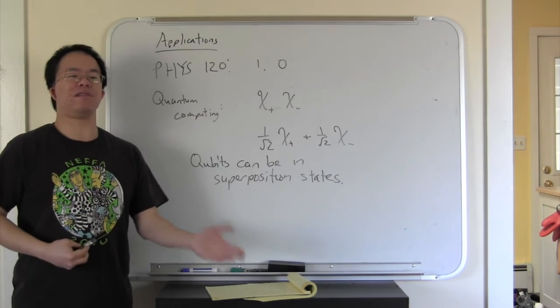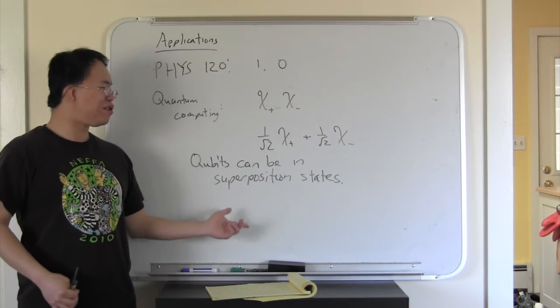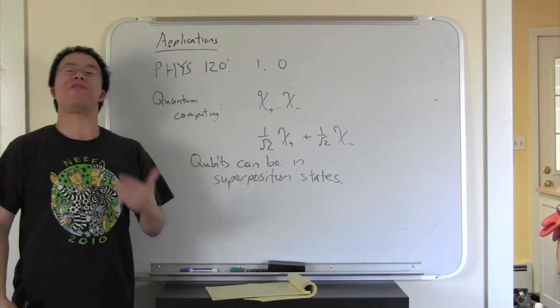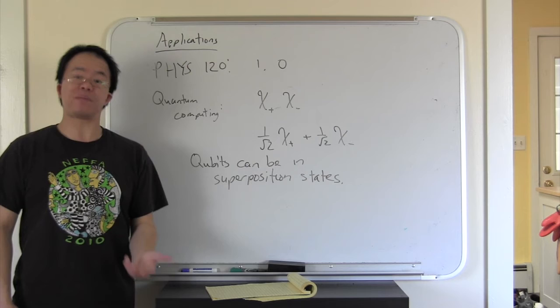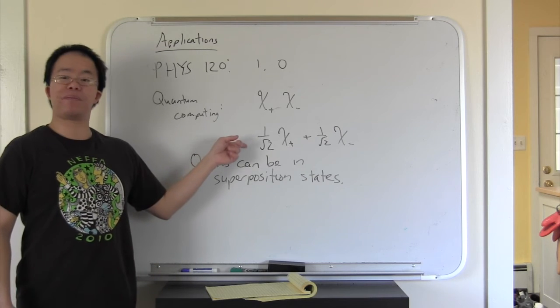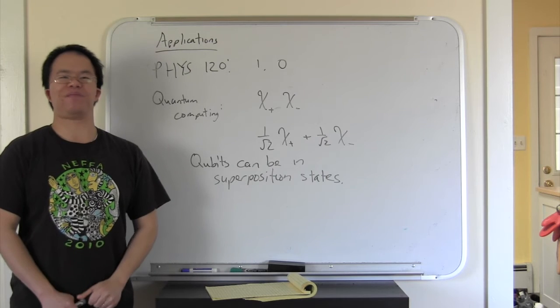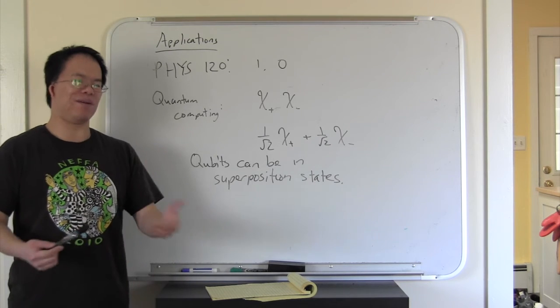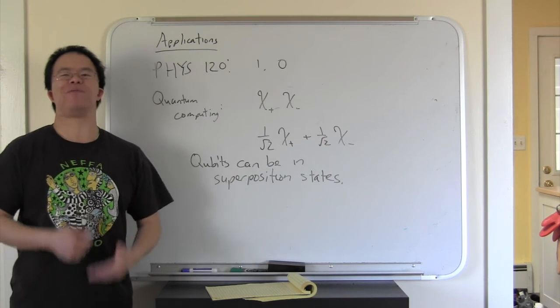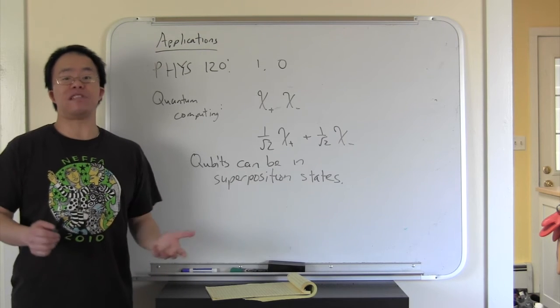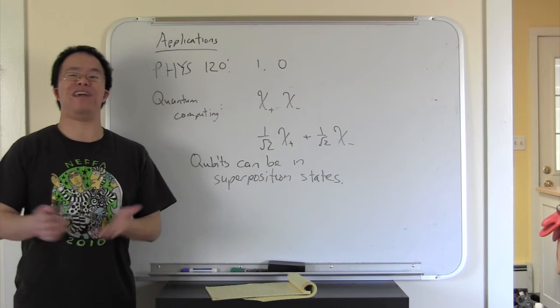We don't have time to go into this in more detail, but it turns out that there are some algorithms that are hypothetically a lot faster with a quantum computer that's able to work with bits like this than they would be on a classical computer. One of them is an algorithm for factoring large numbers, which is the basis for a lot of the encryption that we have on the internet.